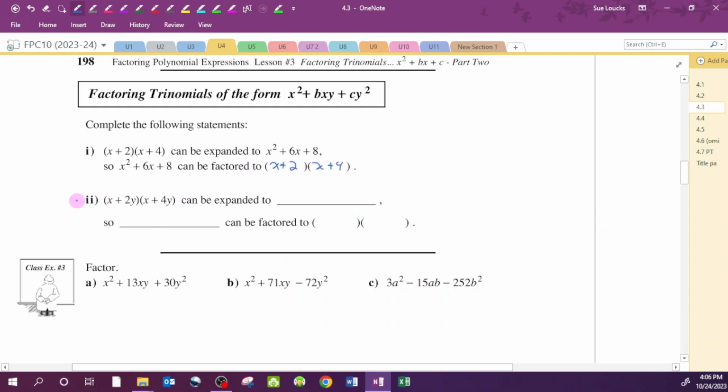So if we have x plus 2y times x plus 4y, and we expand that, we get x squared plus 6xy plus 8y squared, which means that if we factor x squared plus 6xy plus 8y squared, we can factor that back into what we started with up here, which is x plus 2y times x plus 4y.